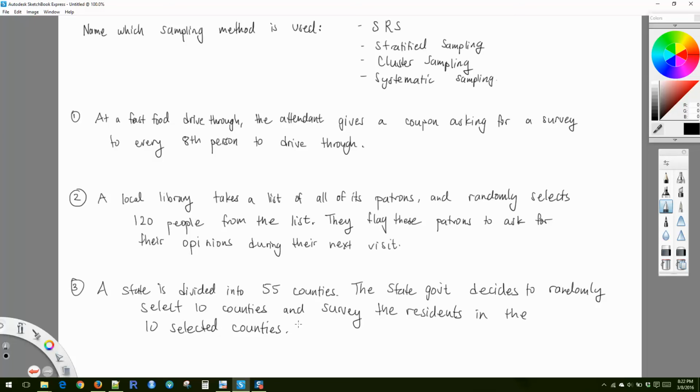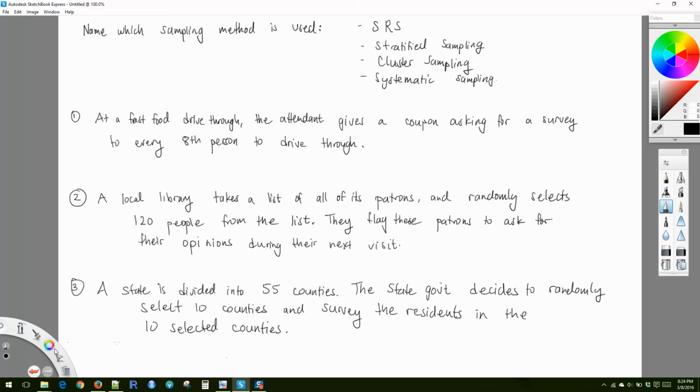Okay, so go ahead and think about each of these for a minute or so, and see if you can identify which sampling method is used for the given scenarios here.